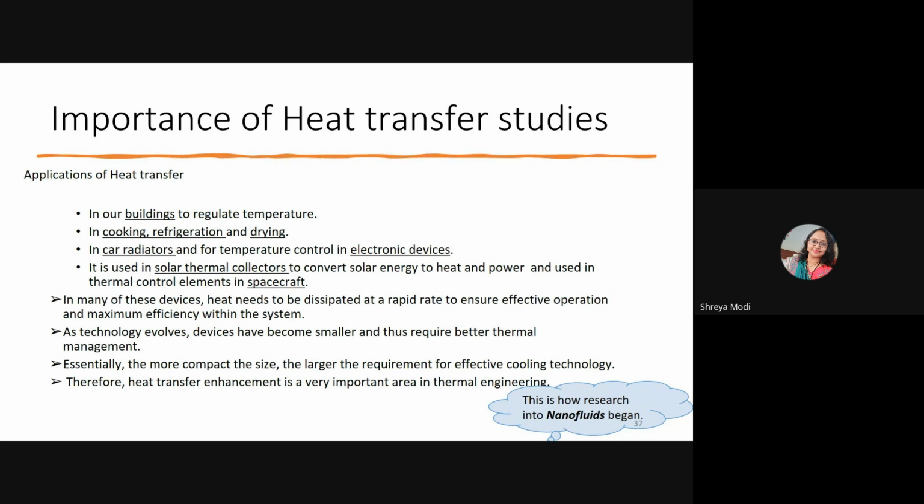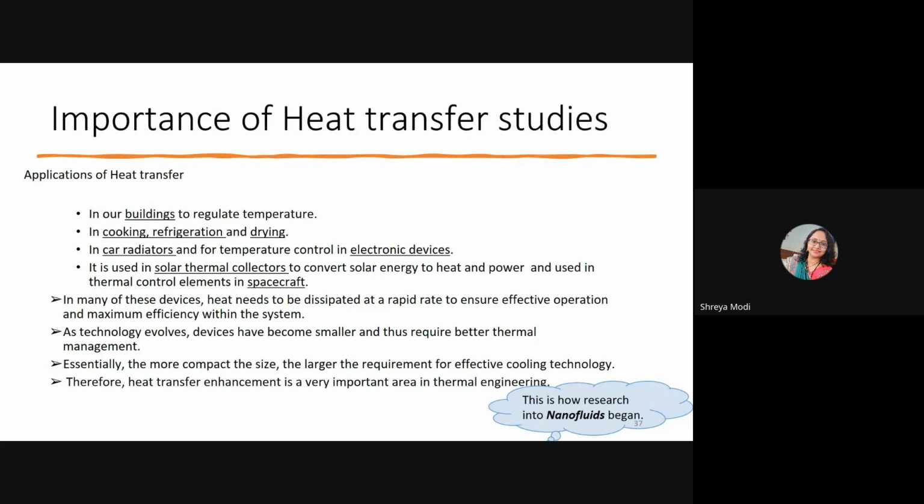But if you are using very small electronic devices, and you want the heat to be transferred to the atmosphere, what is the mechanism? You cannot apply a fan. So nanofluids are pumped around the circuit in a microchannel way, and they accept the heat and dissipate it to the atmosphere around the phone.